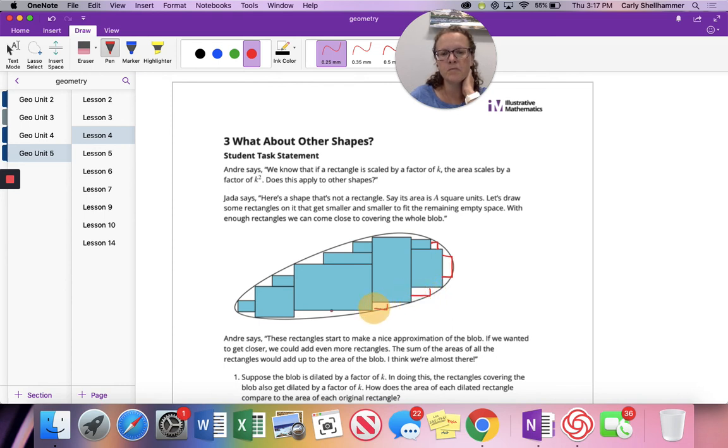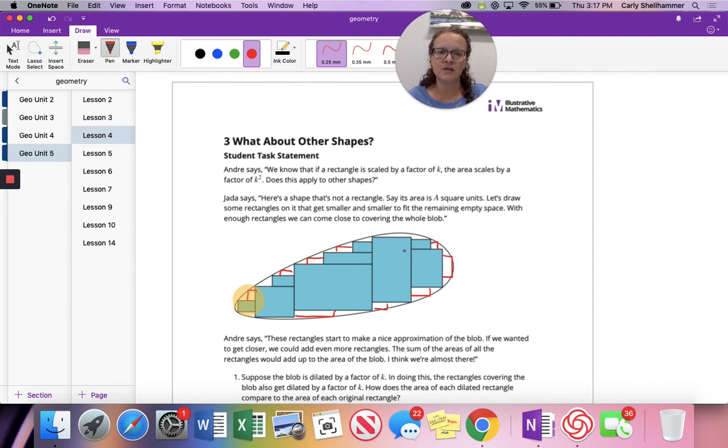What I've told students in the past is this is very similar to what we do in calculus, right? This is how we find the area of strange shapes, is we fill it with shapes we know how to calculate, like rectangles and trapezoids, and calculate the area of those so we can approximate the area of strange shapes.